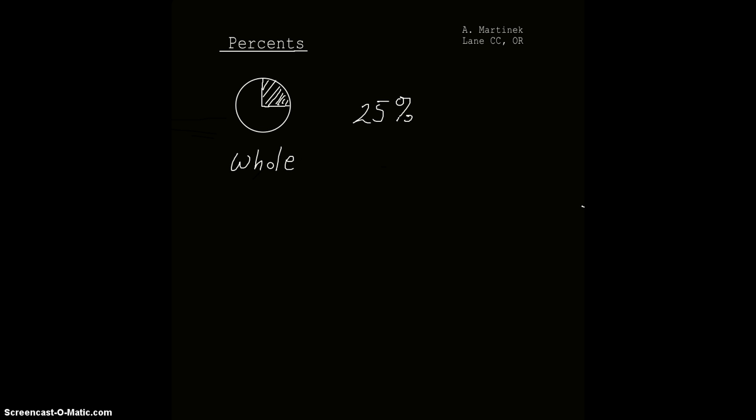So I have the whole, I take 25%, which is the same thing as saying 0.25 in decimal, or I could say that's 1/4. And I know I can take this decimal and put it into a rational form because the decimal stops, it terminates.